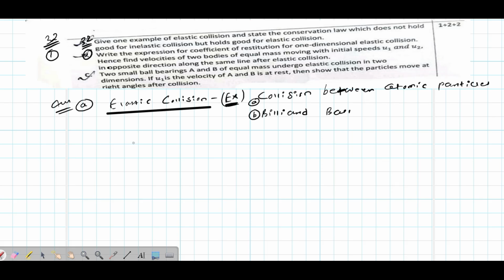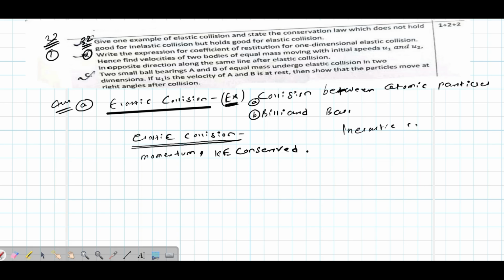For elastic collision, momentum and kinetic energy are conserved.